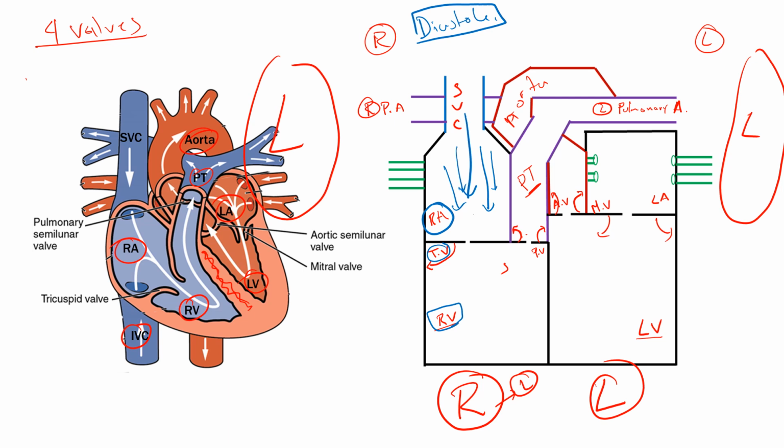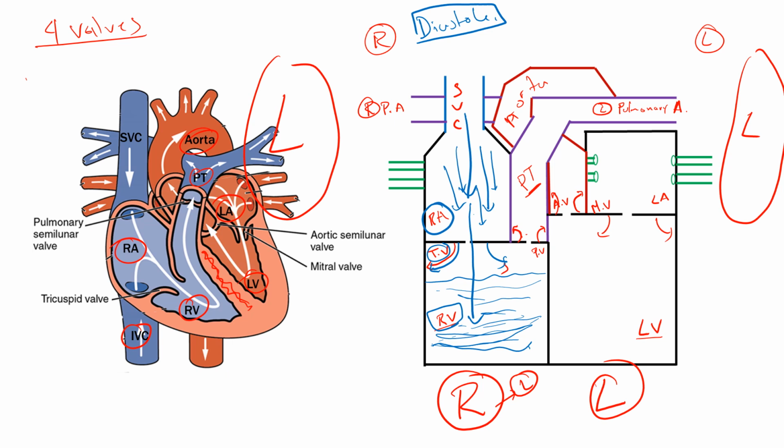So that pressure is what opens this valve, right? And then this blood can start filling the ventricle, right? And this of course is happening very quickly, in fractions of seconds.